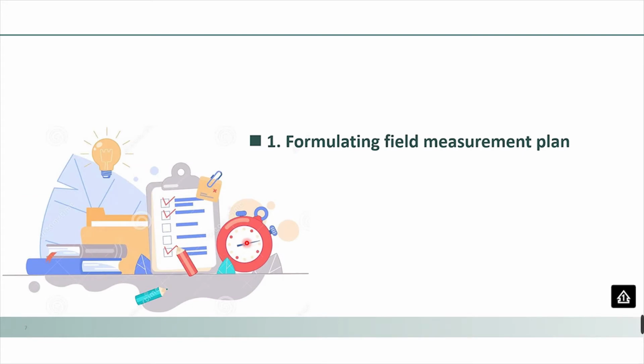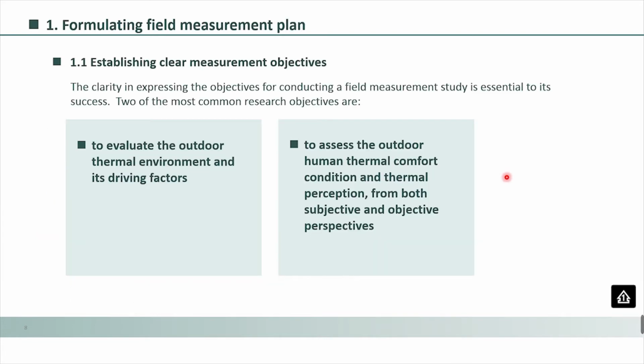The first section of this guideline is formulating field measurement plan. The first step is to establish clear measurement objectives. As we already know, a clear understanding of the research objective can facilitate the plan's realization. And from the literature review, we find that there are two commonly used research objectives.